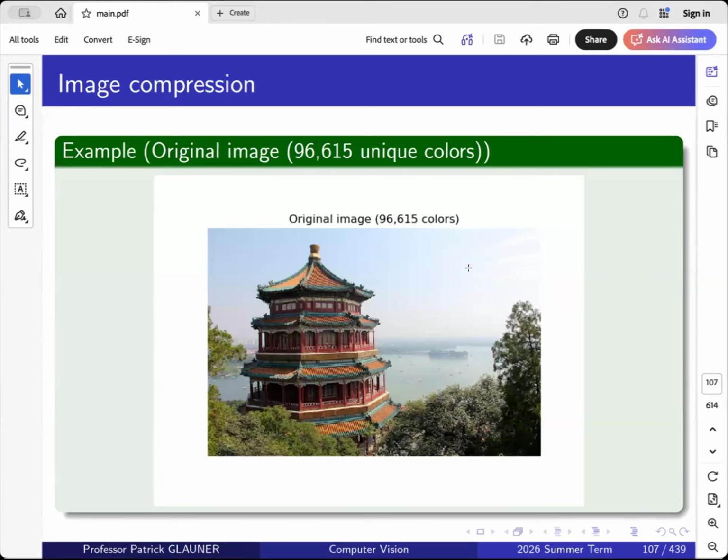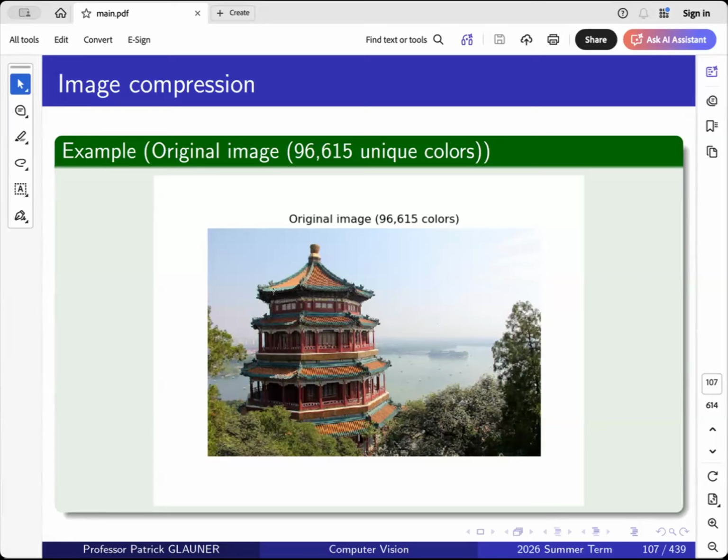Obviously, a very inefficient image compression could be: I say I only want 1,000 unique colors.